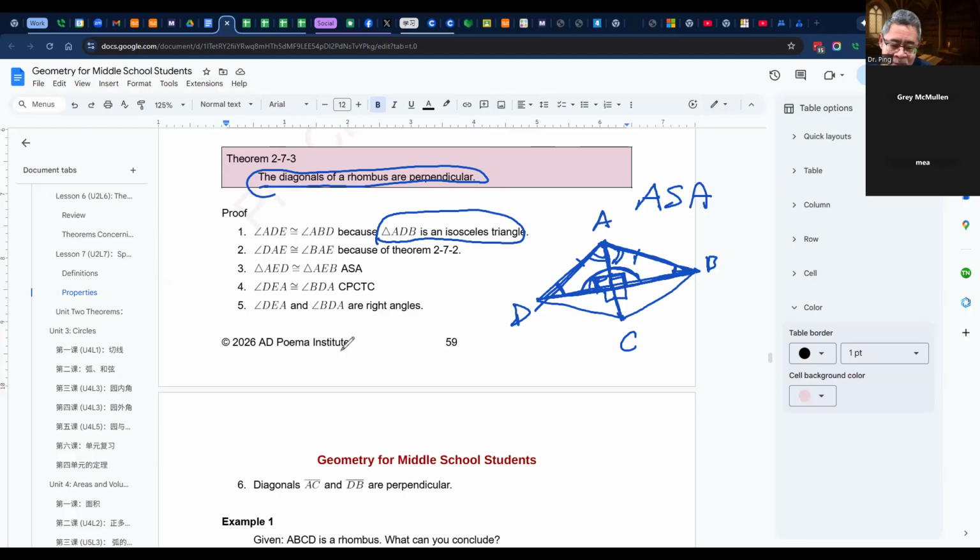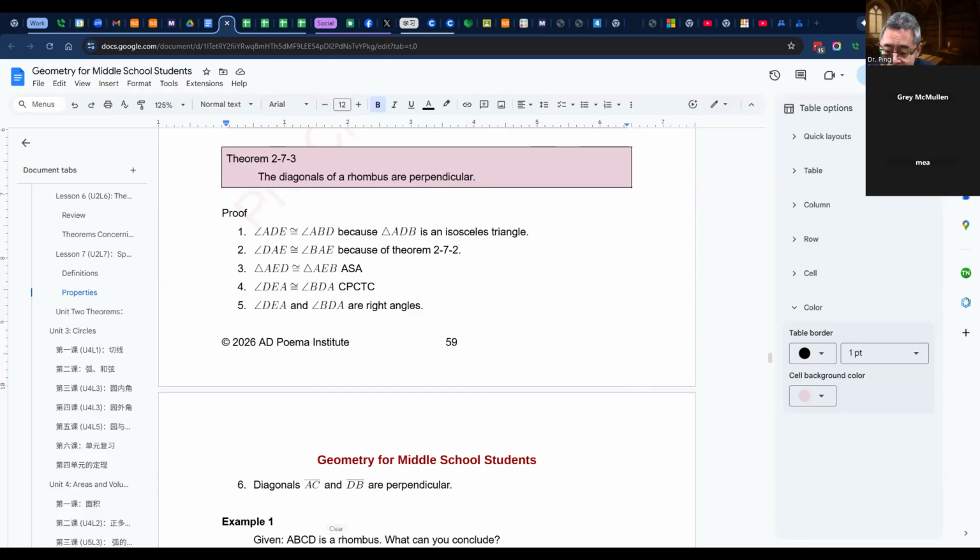So that's how we can prove that the two diagonals are perpendicular to each other. Good. All right. Thank you, Mia. Thank you, Grayson.